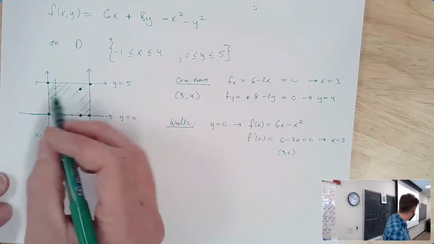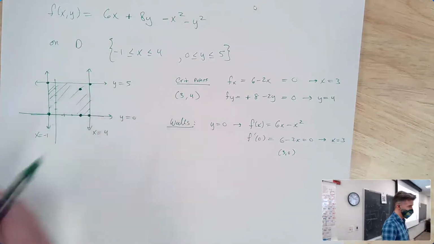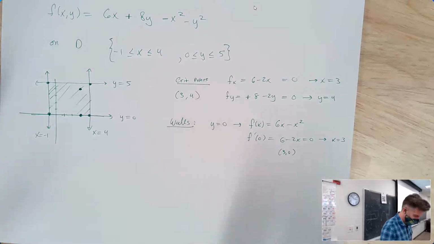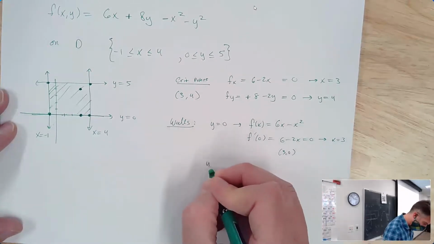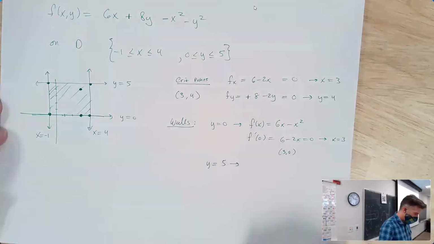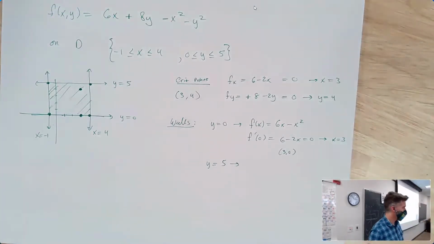You don't have to graph these. I just like to graph them because I think it's helpful. Let's also do y equal to 5. If y equals 5, it's not going to really change anything, and that's worth observing.